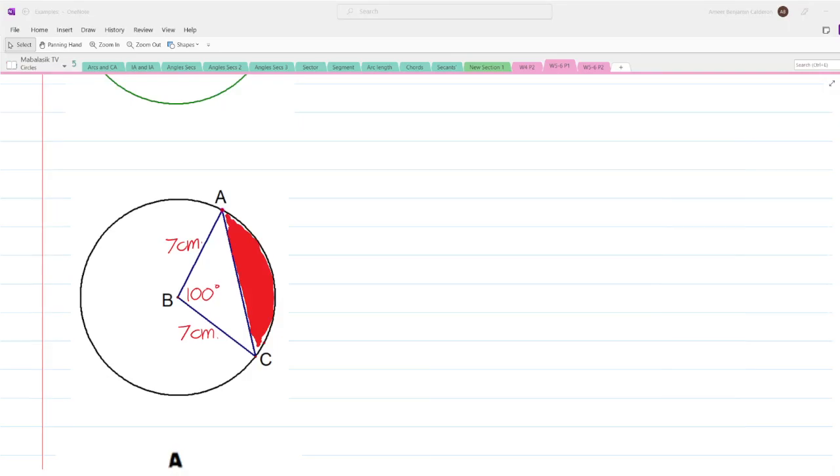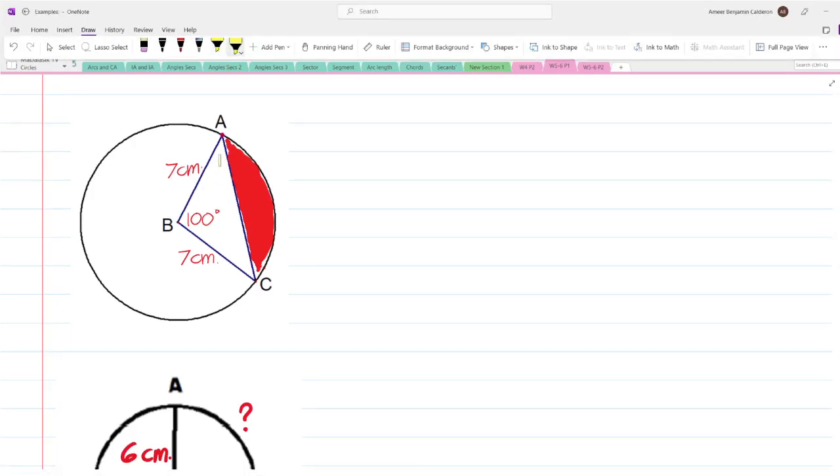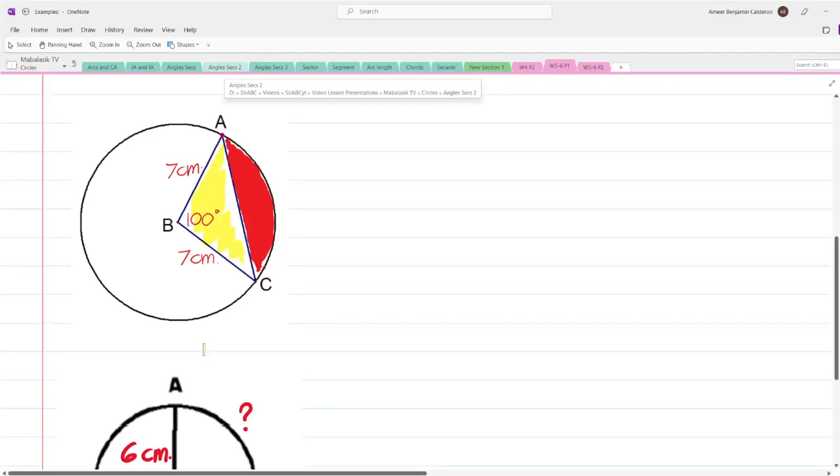In our second example, the shaded portion is a segment. As you can see, a segment is a part of a sector. And then this area right here, I'll shade it yellow, is a triangle with two given side measurements, both 7 centimeters, because that is the radius of the circle, and an included angle of 100 degrees.